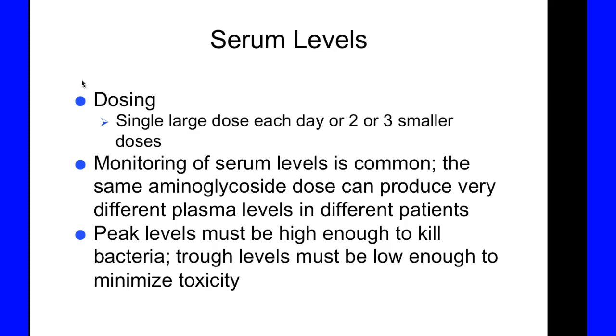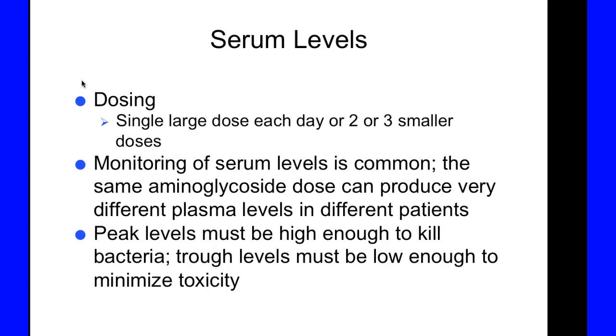Vancomycin, remember, is in that miscellaneous class. Then you'll see if there's any toxicity, or if it's too low, and then they'll adjust the medication dose and the times. These are ordered, and then the pharmacy can adjust the medication times and doses in collaboration with the physician.